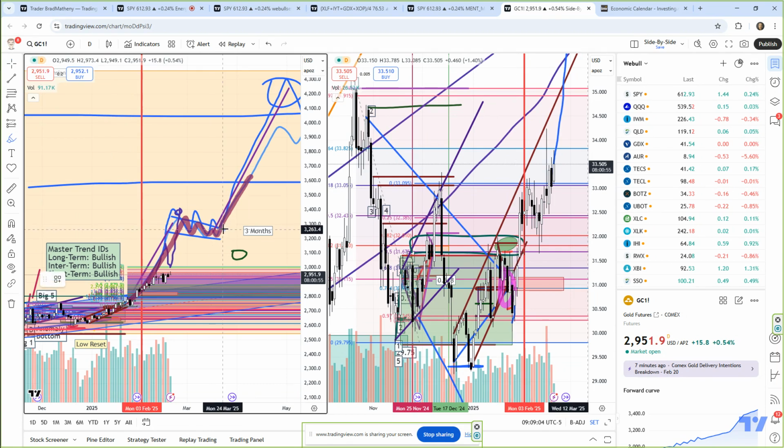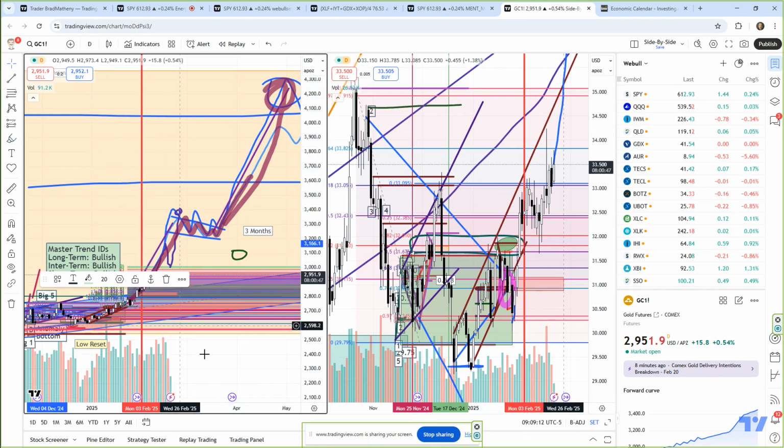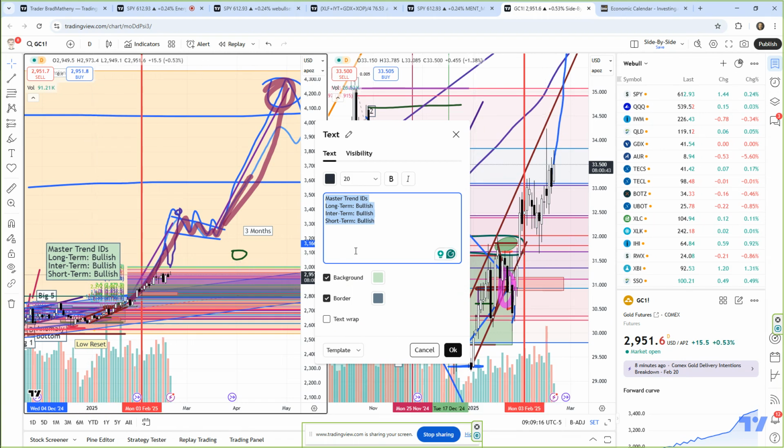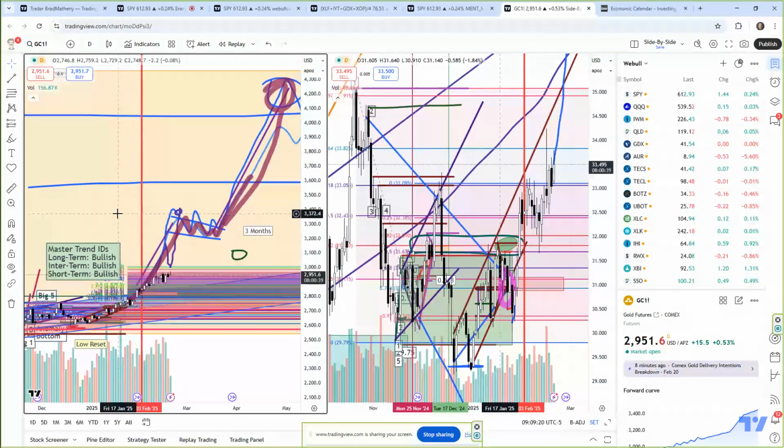So, when we come over here, this is going to just roll very quickly up into this area. So we are bullish long term. We do have very clear upward trending. And where we're at here with the silver.